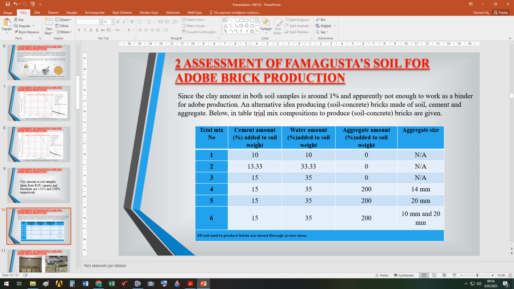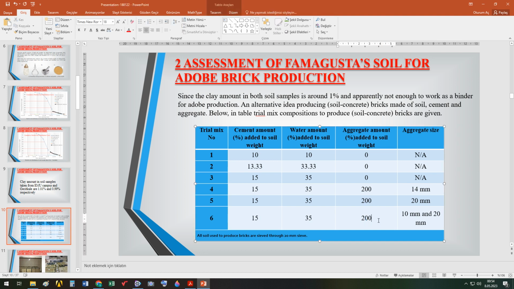You see the cement amounts added as a percentage of the total soil weight, and also the water amount, the aggregate amount percentage, and aggregate sizes. Some aggregates are also added to the soil to increase its strength.